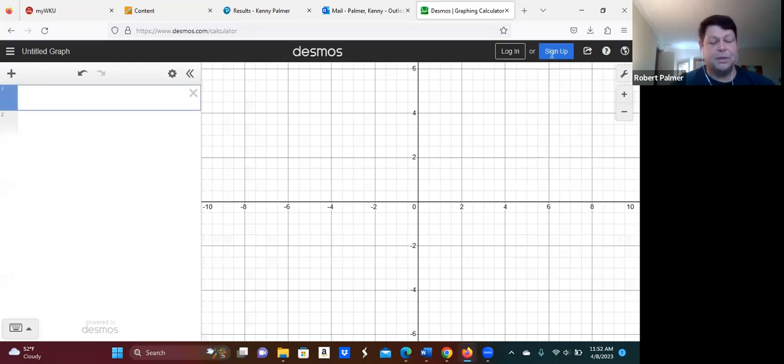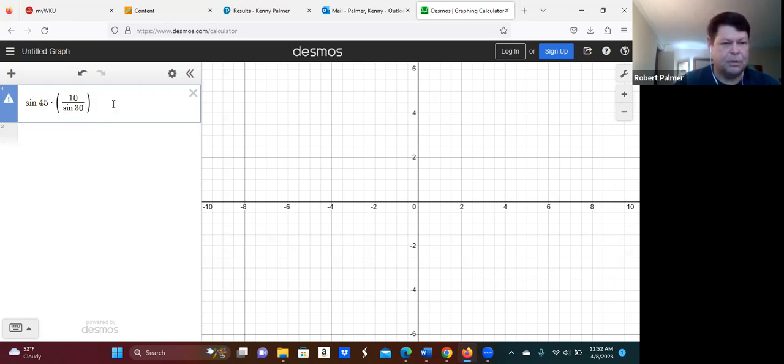We said it's going to be the sine of 45 degrees times 10 divided by the sine of 30 degrees. And what's going on? Let me put parentheses around this.